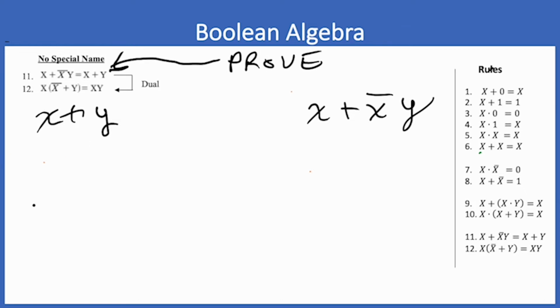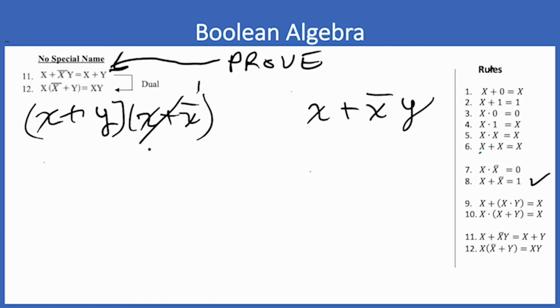Okay, so again, I'm going to take this x plus y, and I'm going to multiply it by x plus x bar. Again, x plus x bar is equal to 1. Anything summed with its complement is equal to 1, rule 8. So that's equal to 1.